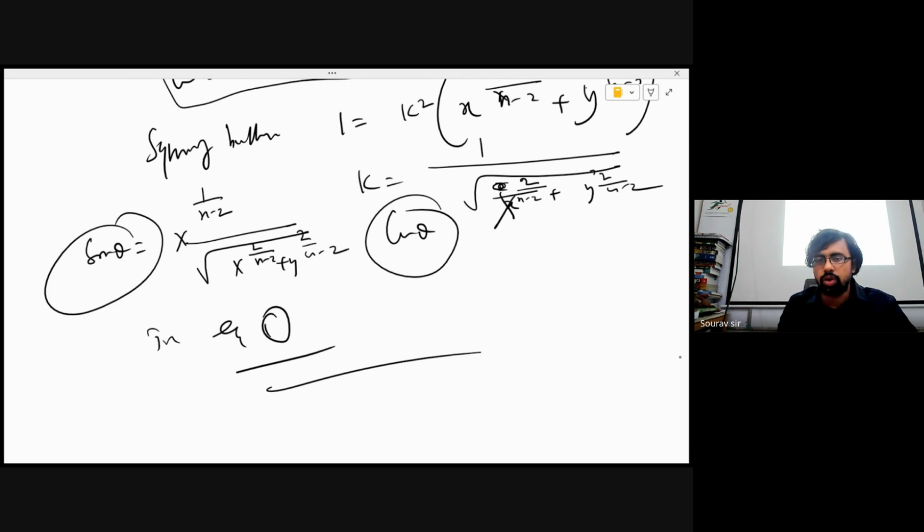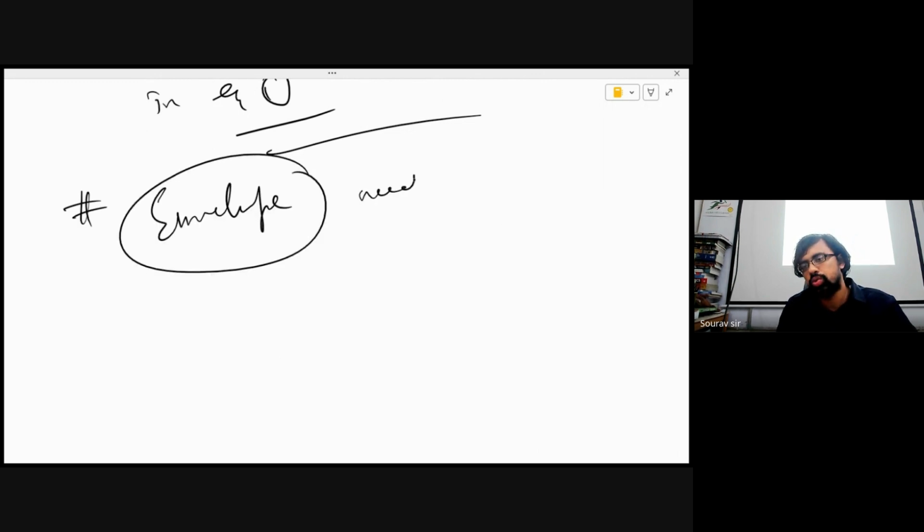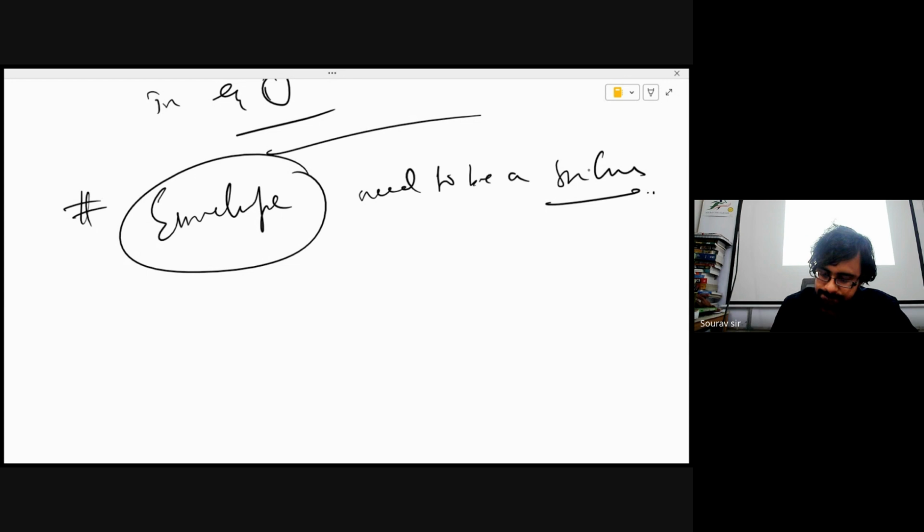So another question comes up: is an envelope always a straight line? No, an envelope need not be a straight line. There are also many high level questions related to envelopes. Okay, we'll get to them one after another.